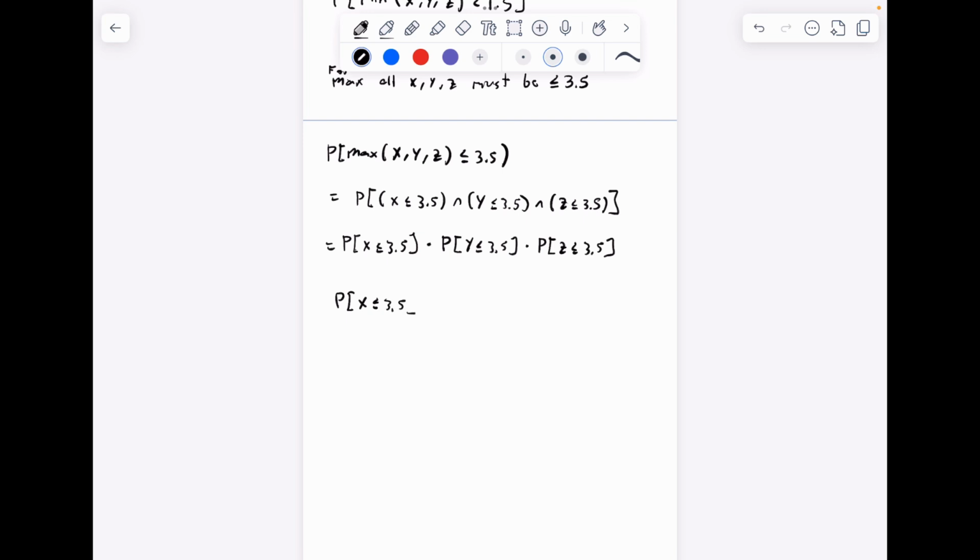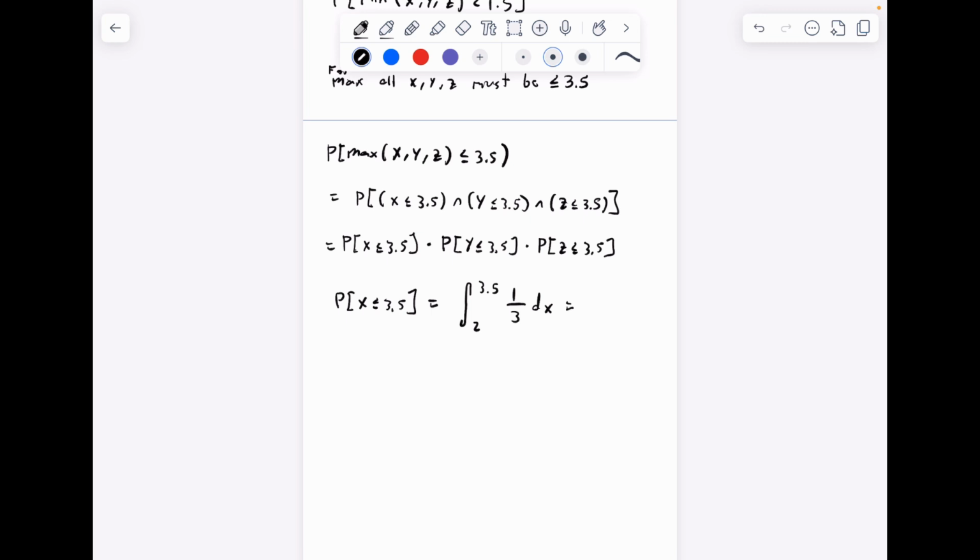So the probability that X is less than or equal to 3.5, we know that will be an integral from 2, the lower bound of its interval, to 3.5. And we integrate that over its probability function, 1/3 dx.